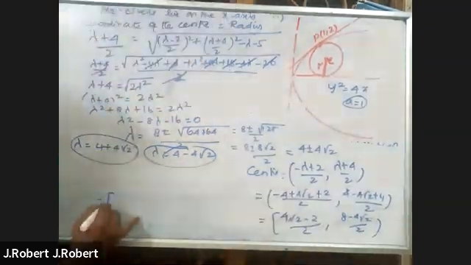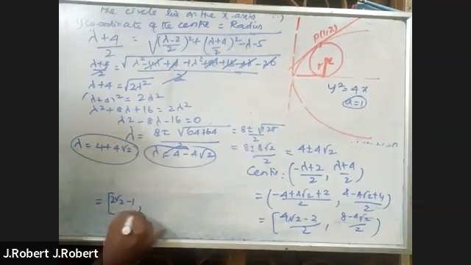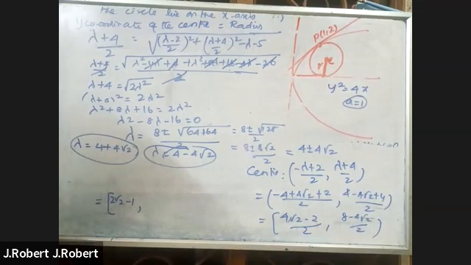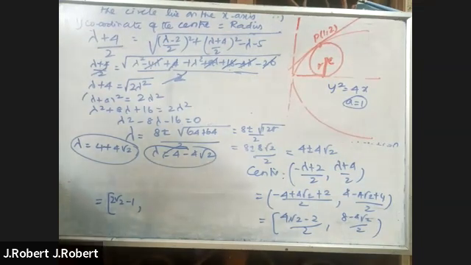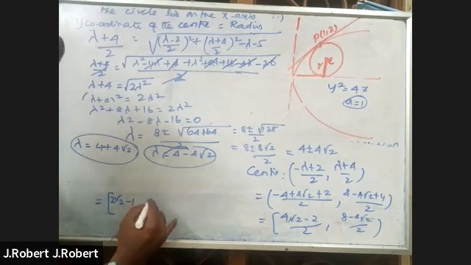Dividing by 2, we get 2 root 2 minus 1, comma, 4 minus 2 root 2.